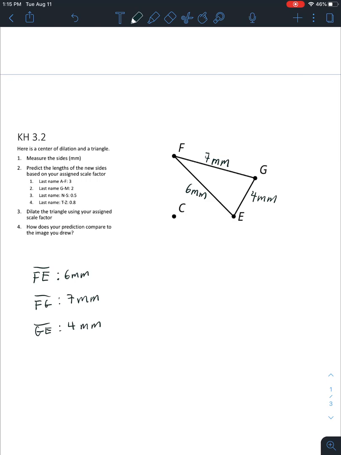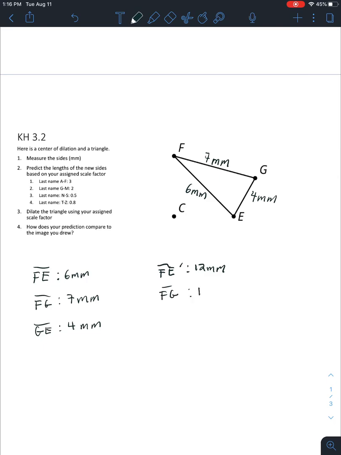Finding out the sides is actually not too difficult. So for instance, if I said I had a scale factor of 2, then you know that our new shape, F prime E, will be 12 millimeters.